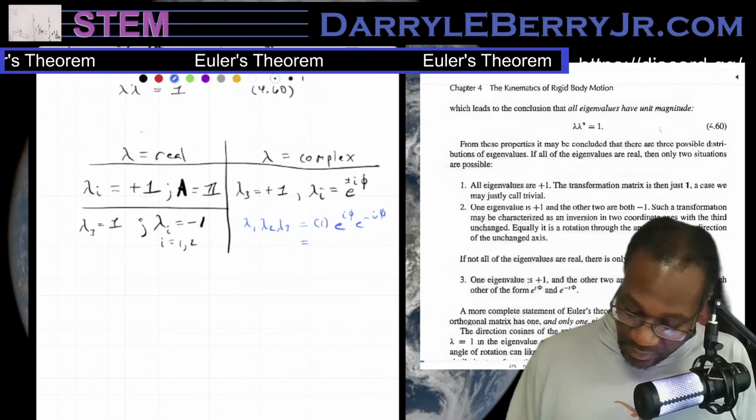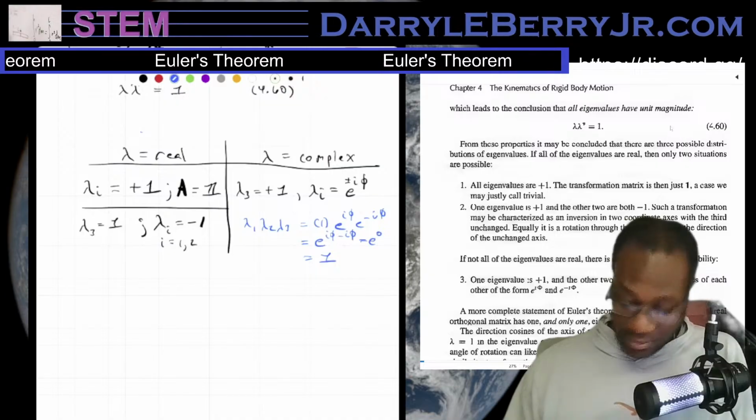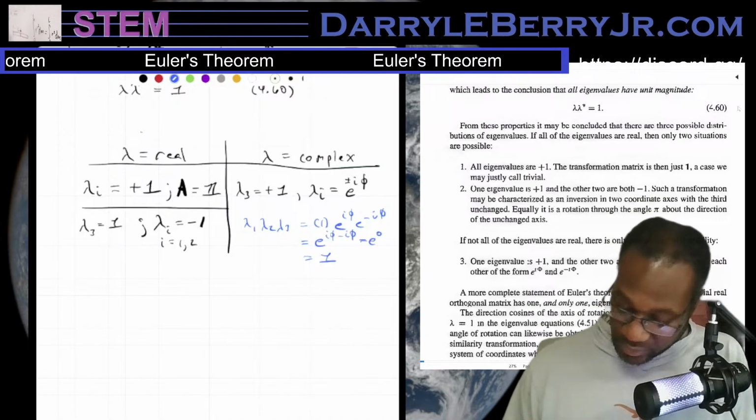So this will be e to the i phi minus i phi, which is e to the 0, which equals 1. So that's why that equals 1 right there.